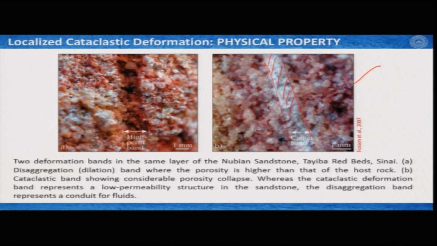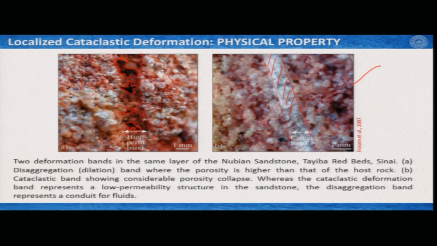However, in this exposure the rocks are a little compacted compared to this, but in this deformation band that we see here you can see large openings, at least from the field photograph. We hardly see these openings outside.